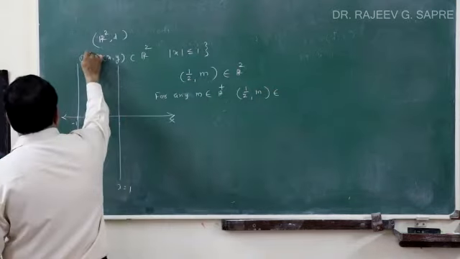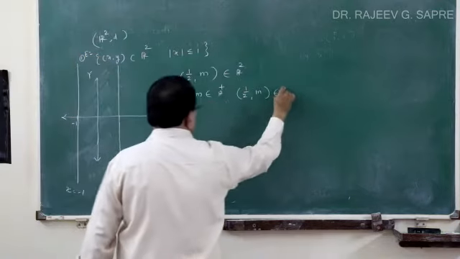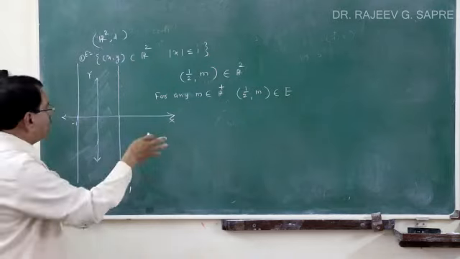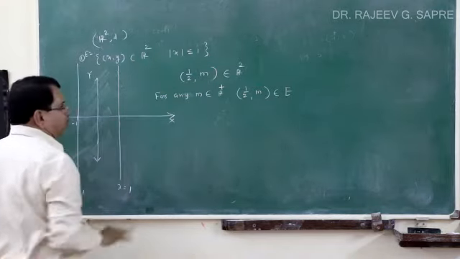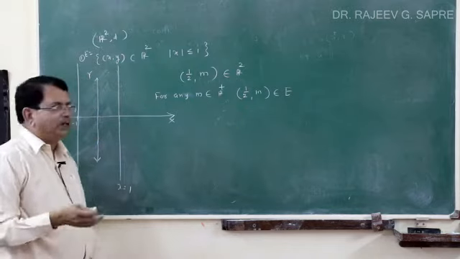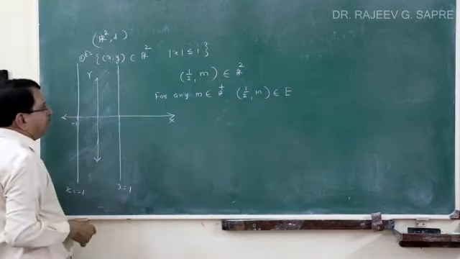Suppose I call this set E, then it belongs to this set E, because 1/2 satisfies this property, mod x less than or equal to 1. There is no restriction on the y coordinate. So any point we are taking.